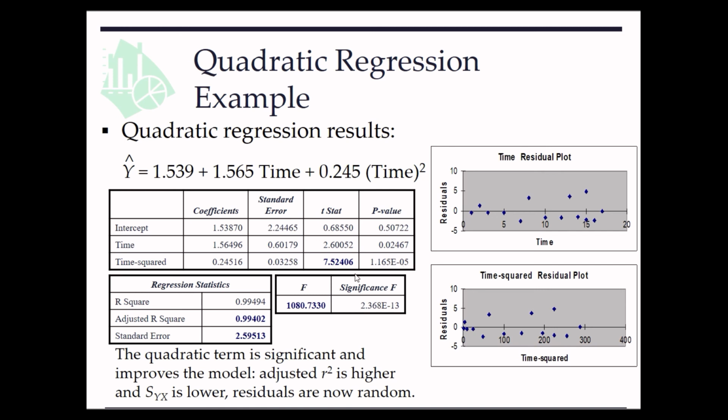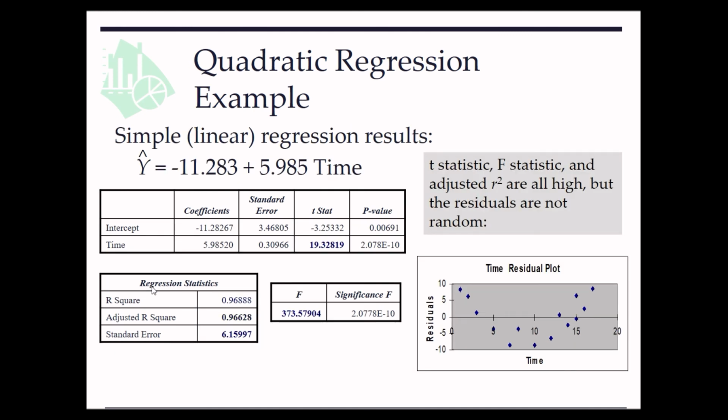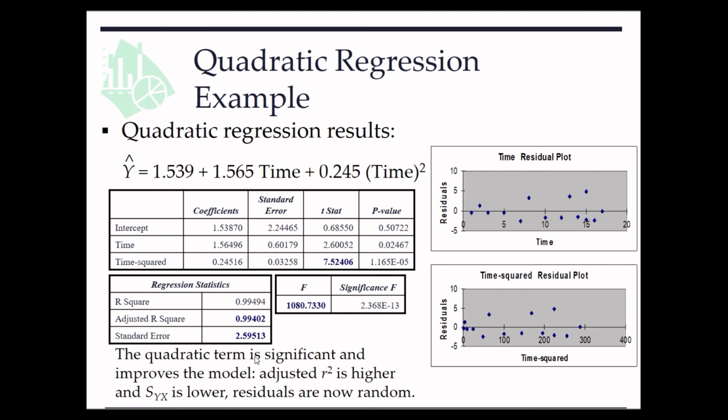So that means the quadratic term is significant and improves the model. Also, we see the adjusted R-squared is greater than the linear regression model here. Also, we see the residuals are random.